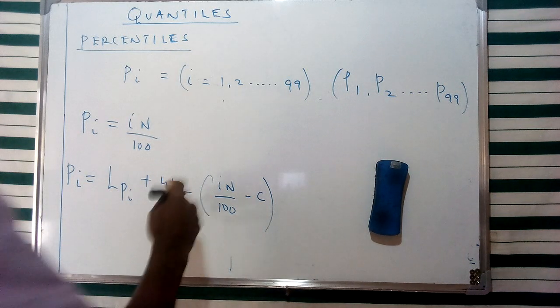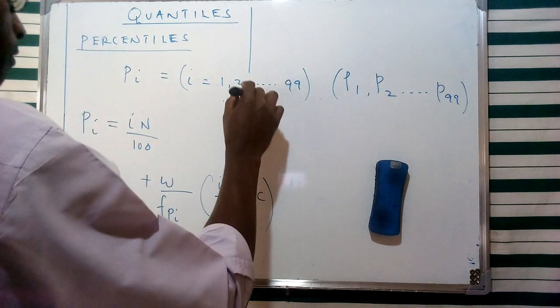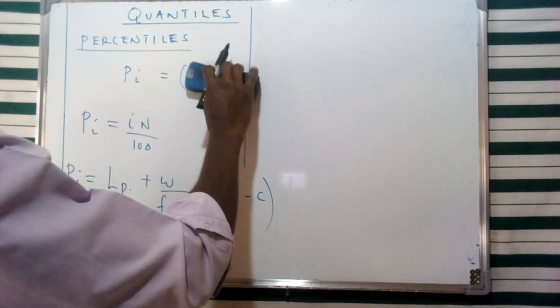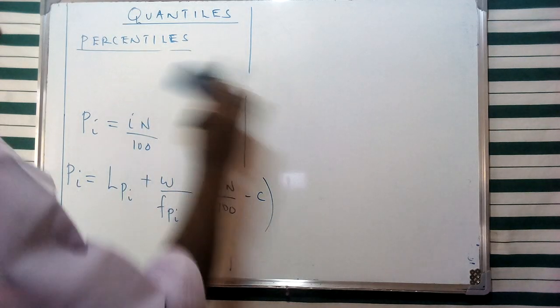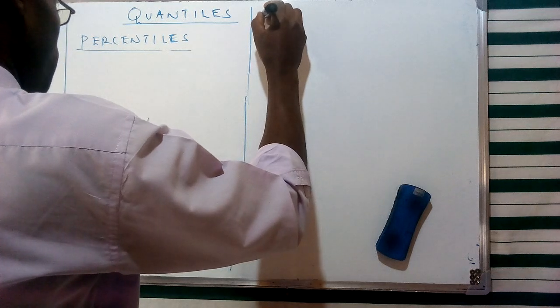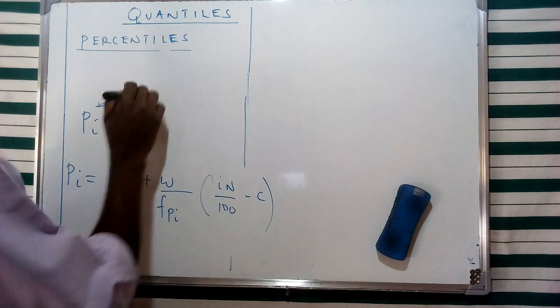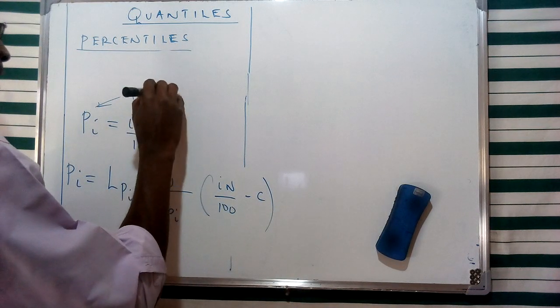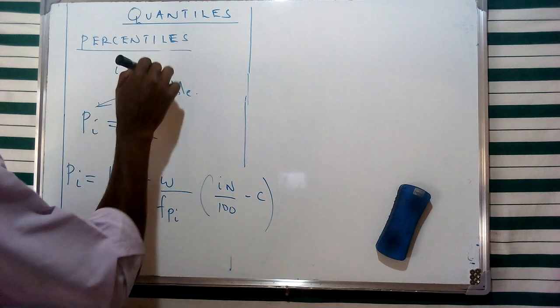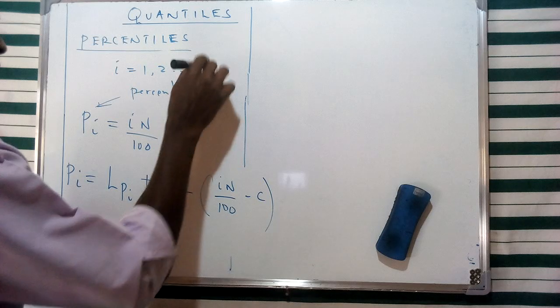I've listed a number of terms in this particular order, so perhaps I'm going to elaborate on what these specific terms imply. We have this specific Pi representing a particular percentile for the range of numbers from the 1st to the 99th percentile.